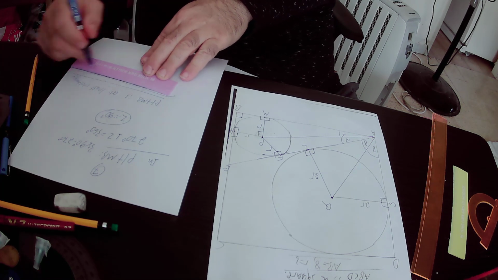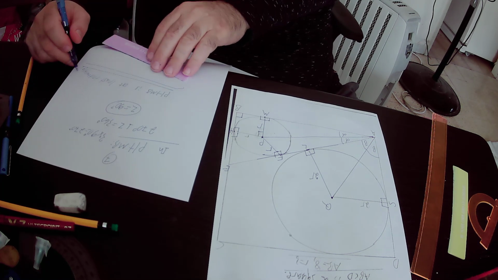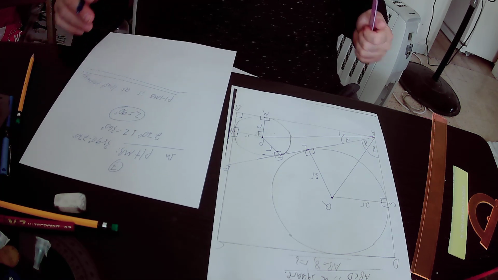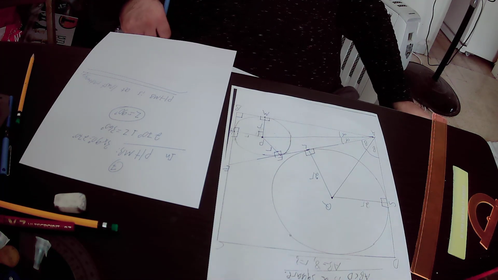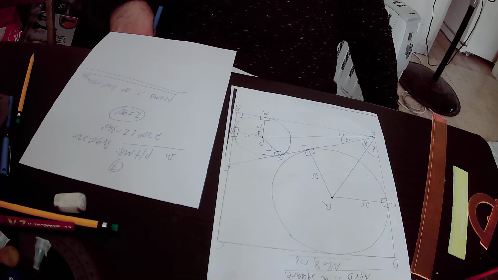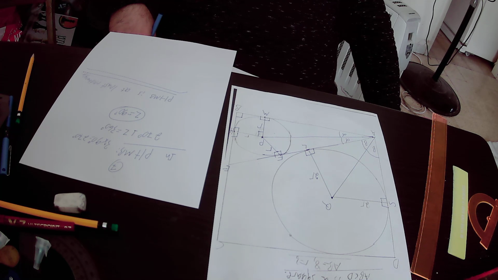So quadrilateral PHMB is at least a rectangle, and we have a rule that states that the opposite sides of any rectangle are equal to each other.